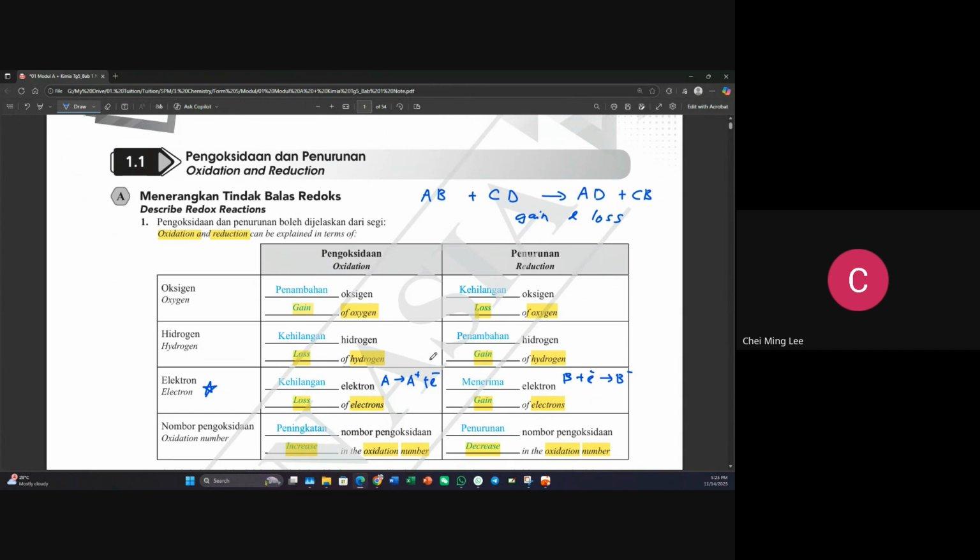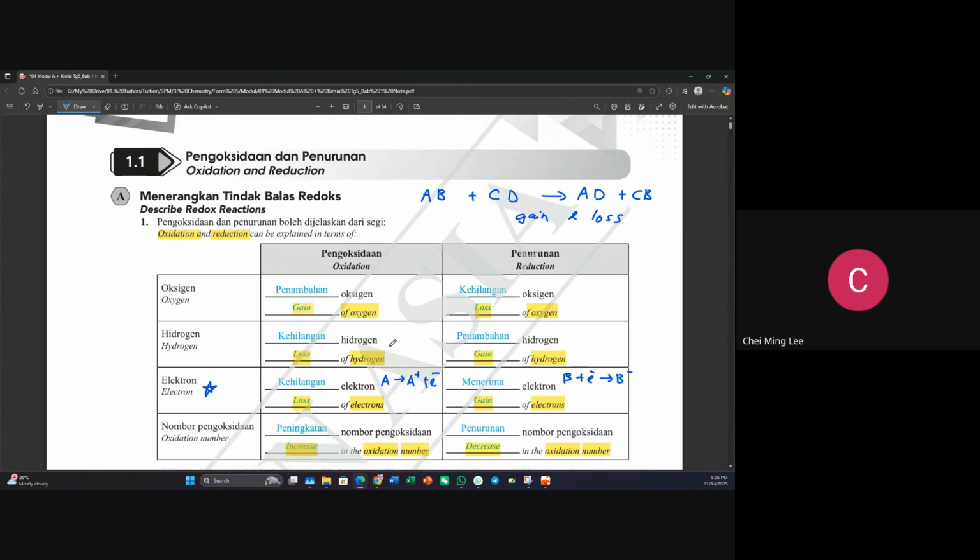为什么它 release 一个、两个或者三个？Why does it release 1, 2 or 3? Because it wants to achieve the octet electron arrangement. OK，这个应该在去年 Form 4 的 syllabus 里面我们就有讲到了。可以理解 for 这个部分？可以。对啊，OK。Then in terms of oxidation number, it will increase in the oxidation number.